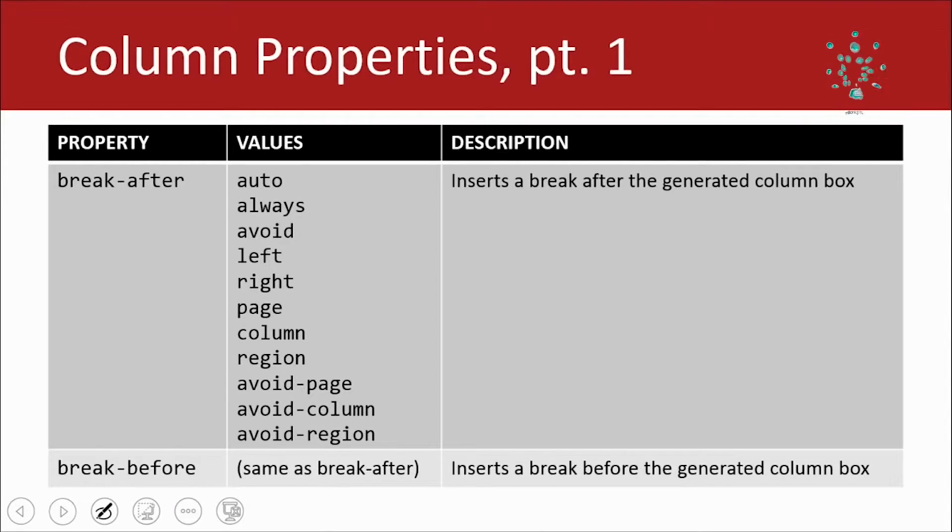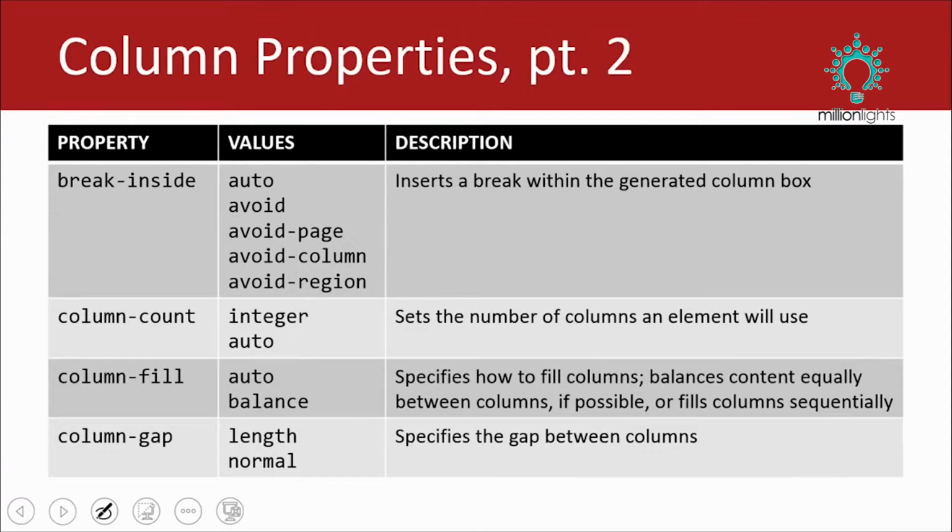All right, so a couple of column properties that are really important to review along with their values. There's break after, break before, break inside, column count, column fill, column gap. Column count is the one that we're going to be using right now. You can also fill the columns sequentially, right? So column fill is useful for that.